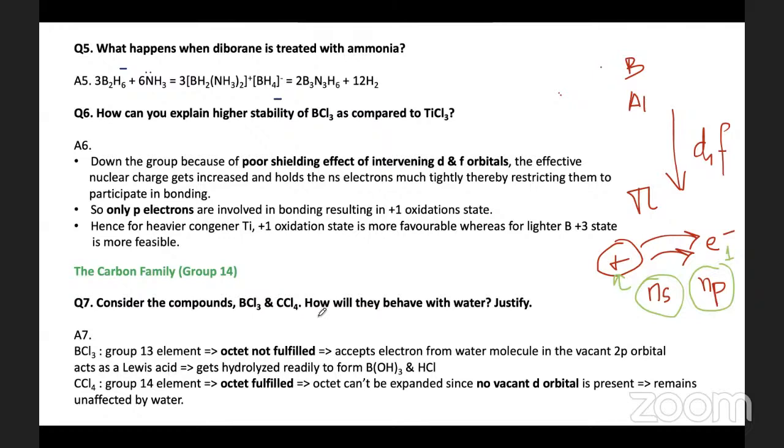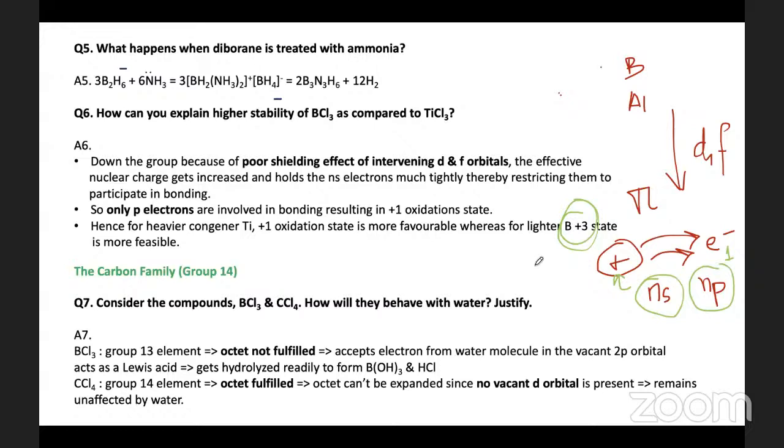That's why for the heavier congener Tl, the +1 oxidation state is more favorable, whereas for the lighter element boron, this shielding effect does not come into the picture. In that case, the +3 state will be more accessible or more feasible. So these are the main questions of the group 13 elements.